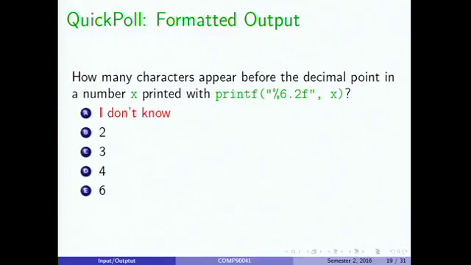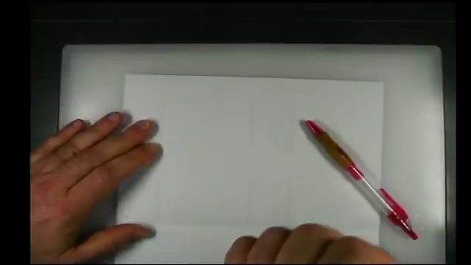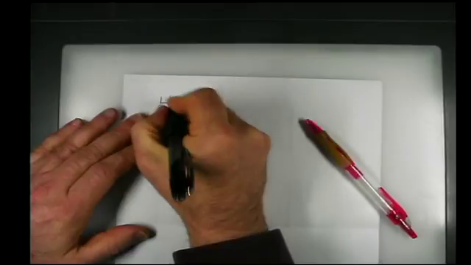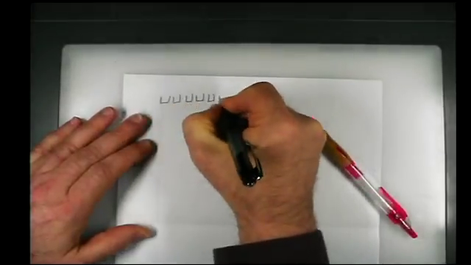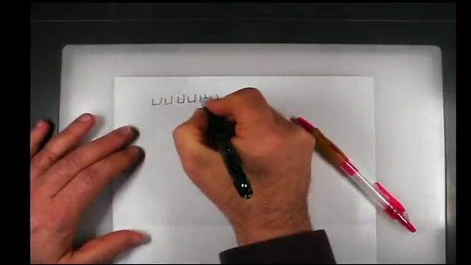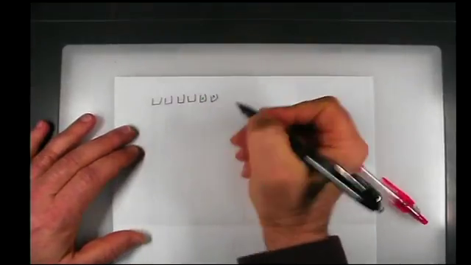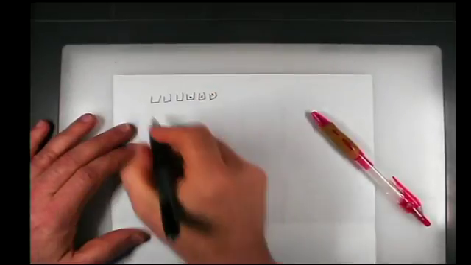Okay, so you've got a space of 6. Then we're going to have 2 spaces before the decimal point, I don't know what they are. Then we're going to have the decimal point. That leaves 3.